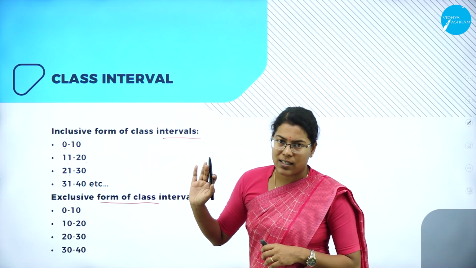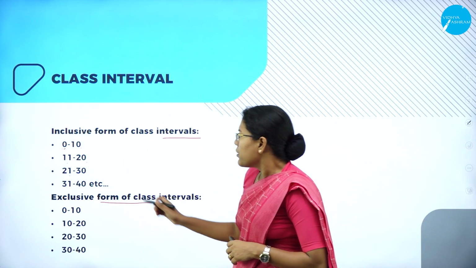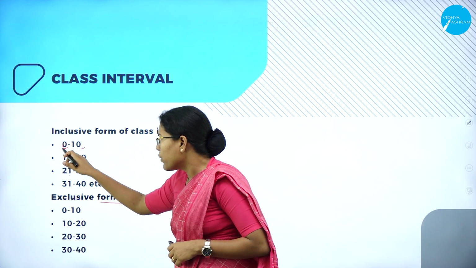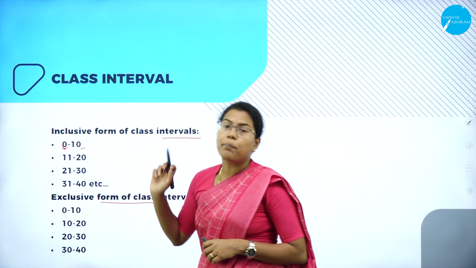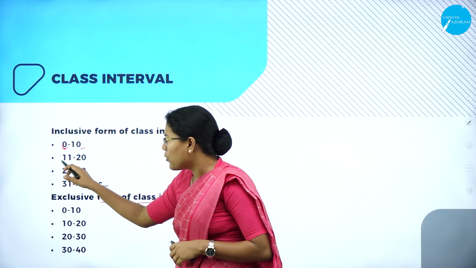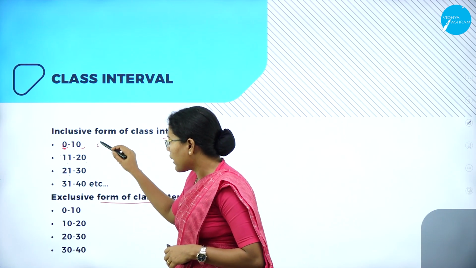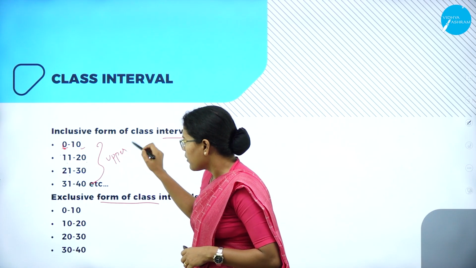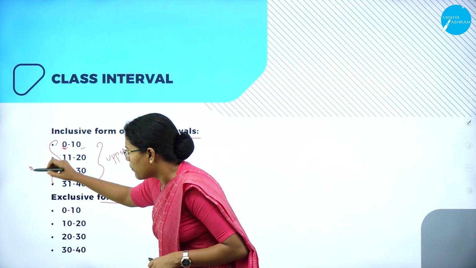Here 0 is the lower limit of the class, 10 is the upper limit of the class. Taking the next example, 11 is the lower limit and 20 is the upper limit. Always the right side is the upper class limit, and the left side is the lower class limit.